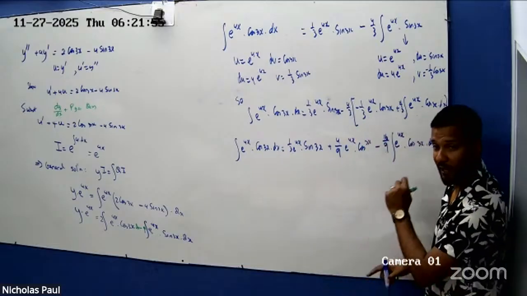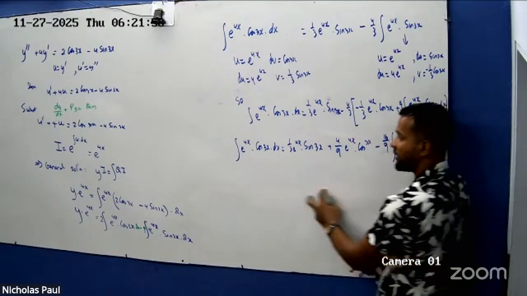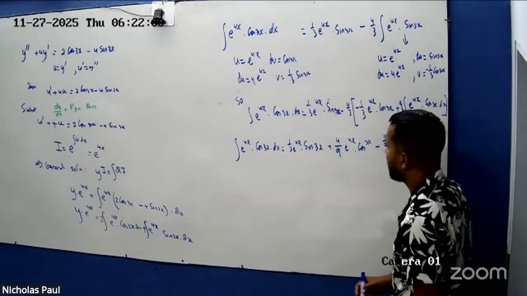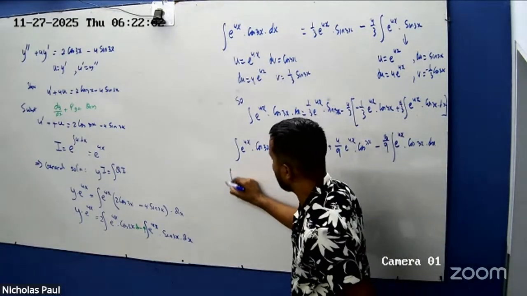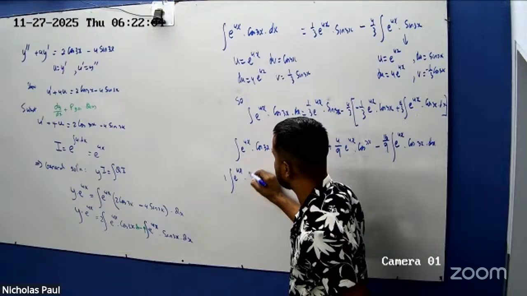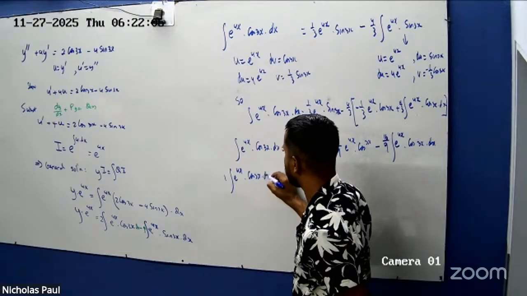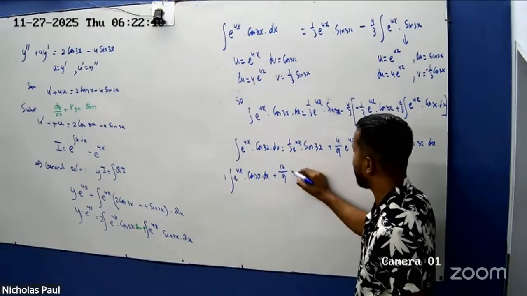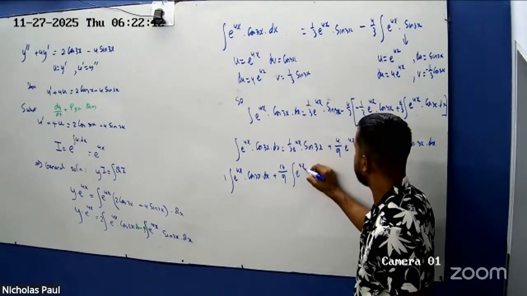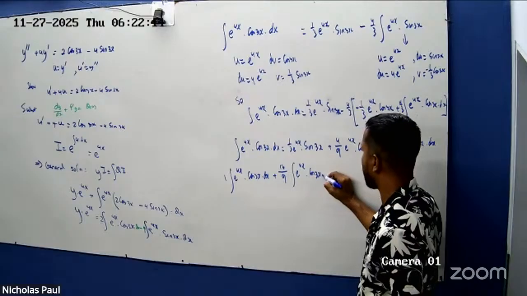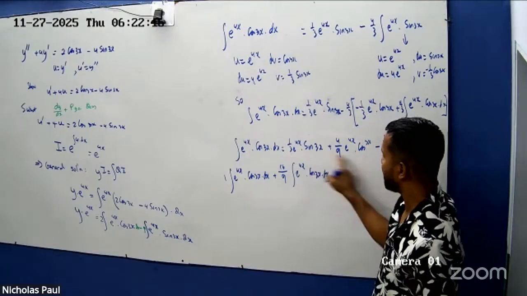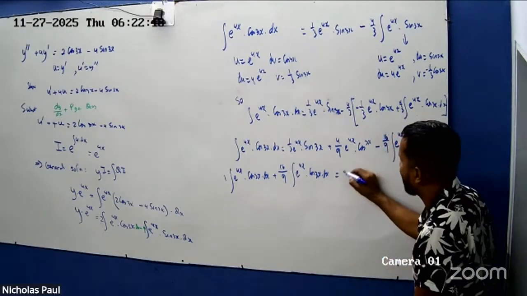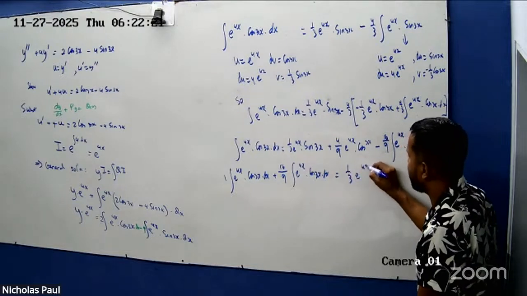Right, so in case you get lost, I'm moving all the integrals to one side. So now I have 1 by the integral of e to the 4x dot cos 3x dot dx plus 16 on 9 integral e to the 4x dot cos 3x is equal to this: 1/3 e to the 4x.